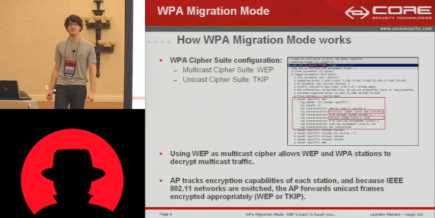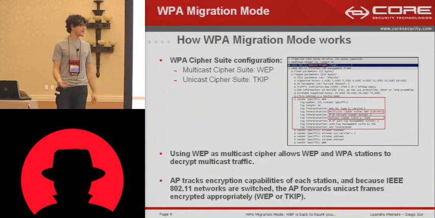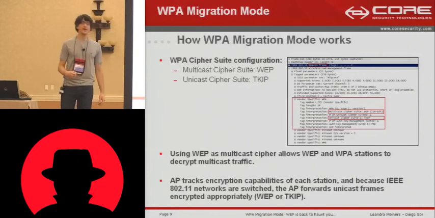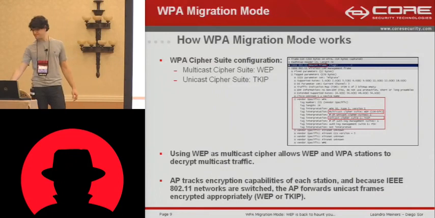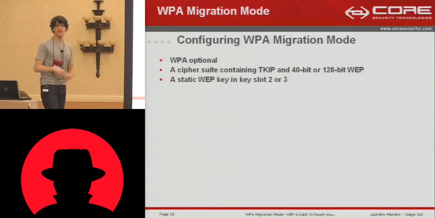If the station is using WPA, the unicast packet will go using TKIP. But for the multicast and broadcast packets, the AP will always use WEP. So this is the basic configuration for an AP working in this particular way.